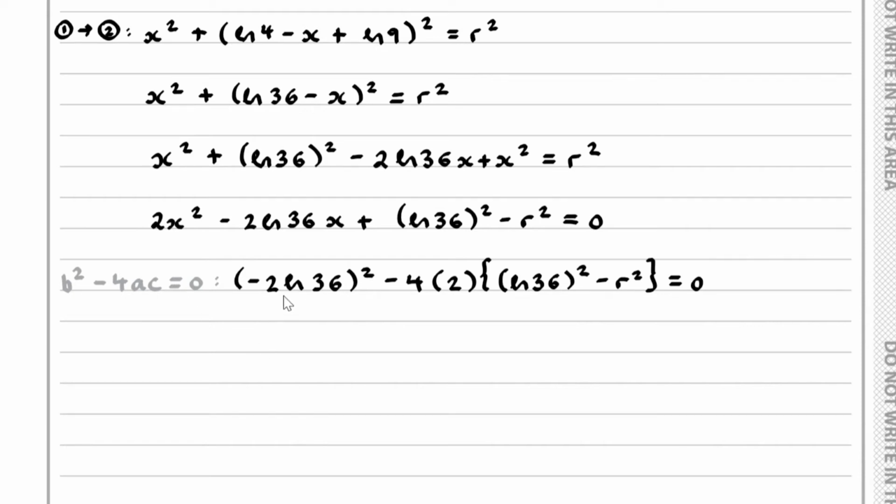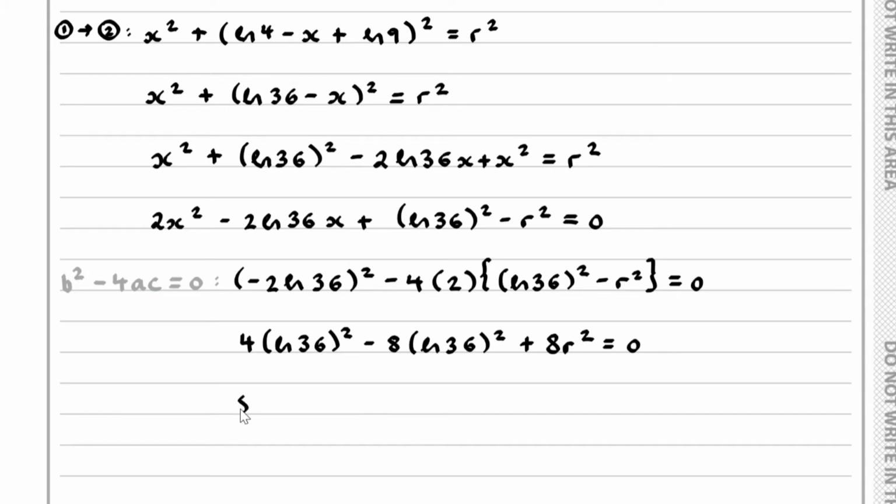So minus 2 times the natural log of 36 all squared will equal 4 times the natural log of 36 squared. Then we subtract 8 times the natural log of 36 squared. Negative 4 times 2 times negative r squared is positive 8r squared. This is all equal to 0.